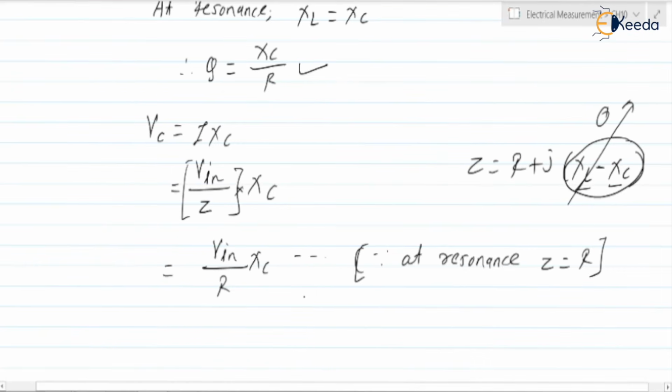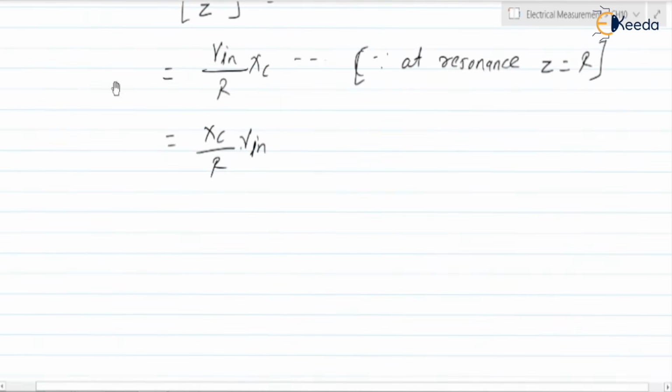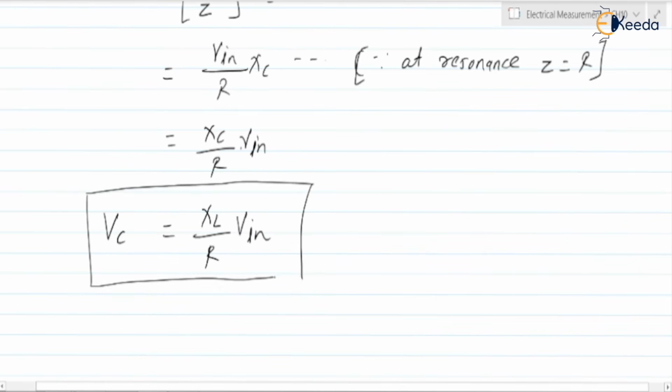Are you getting the point? So we can write it as XC by R into V in. Also XC is equal to XL, so this is equal to XL divided by R into V in. This is nothing but the Vc. But what is the Vc at resonance frequency? It is Q into V in.